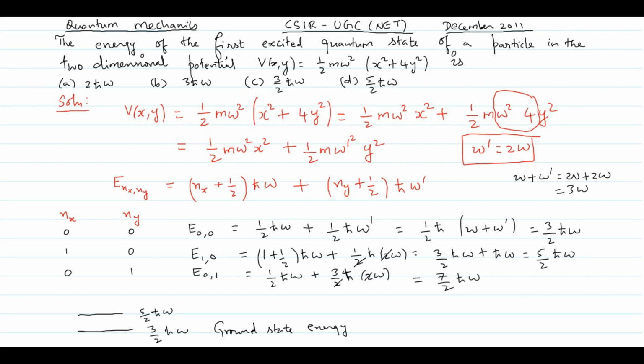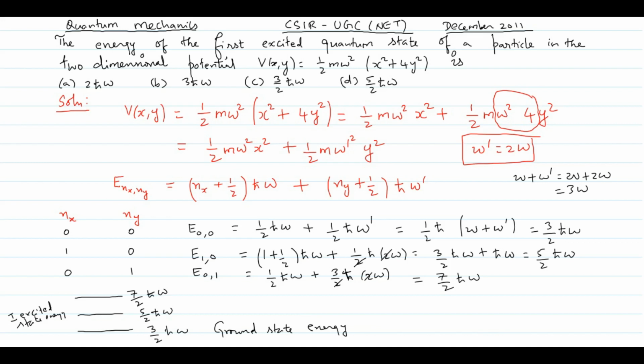This is the first excited state energy. Okay, then 7 by 2 h cross omega. This is the second excited state energy, like that it goes.